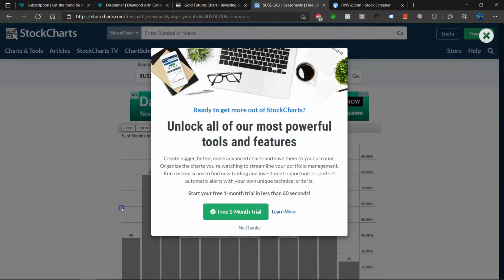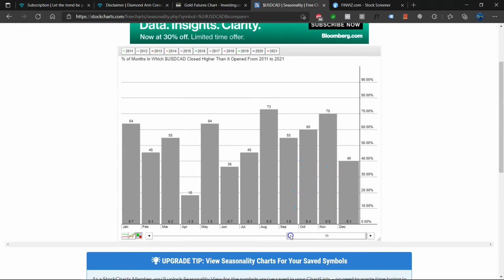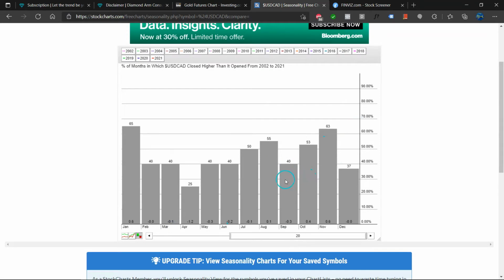The seasonality. So, looking at the last 5 years, from September to October, November, there is strengthening. The last 10 years, clear increase in strength for the dollar. And over the last 20 years, from September to October to November, clear increase in strength.